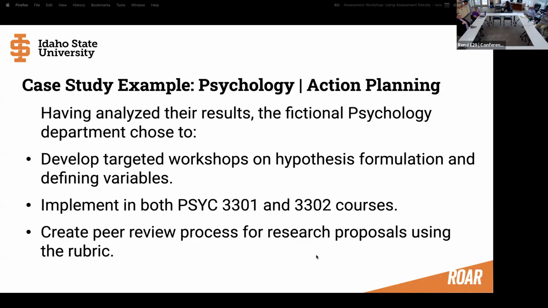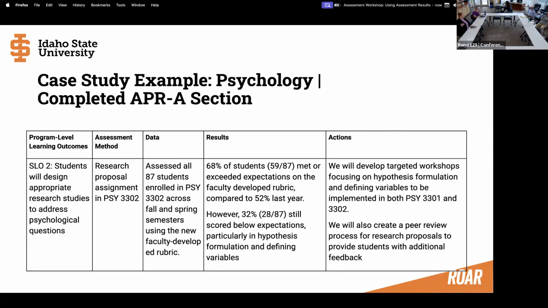So what does this look like? You've seen it in the case study, but on the next slide, it just goes in the grid in terms of what you did. Here's your student learning outcome, here's your assessment method, your data, your results, your actions. Most departments do have a cycle in terms of what they look at.